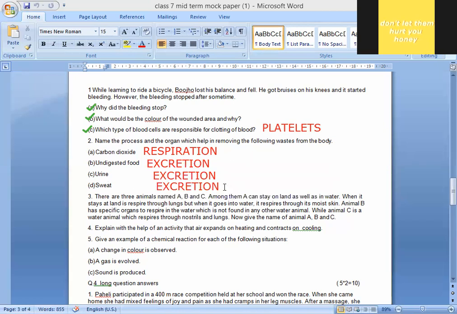Sweat is released from what? Skin. Yes, skin. Urine is excreted by the urethra.